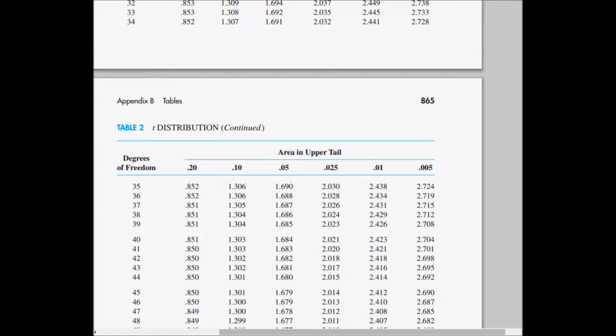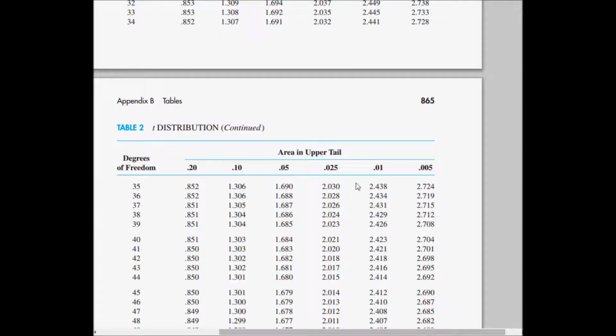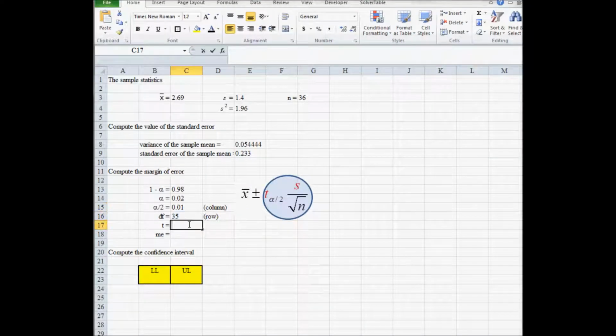Now, the column was, again, 0.01, and the row is 35. So in column 0.01 and row 35, we get a critical value of 2.438. We're going to copy that and paste that into Excel here.